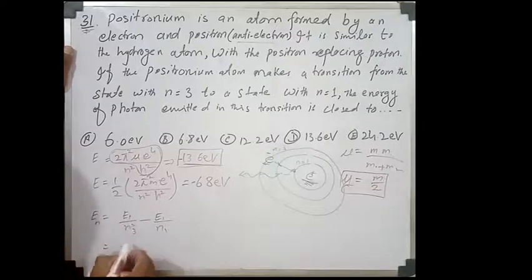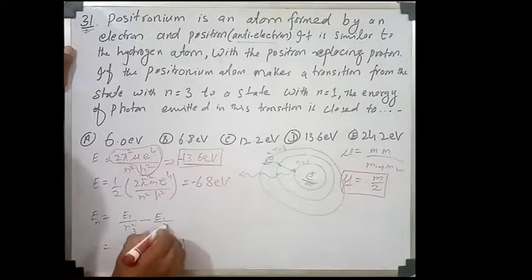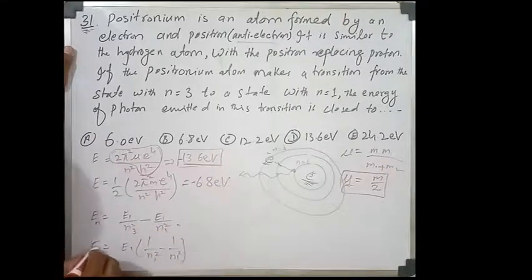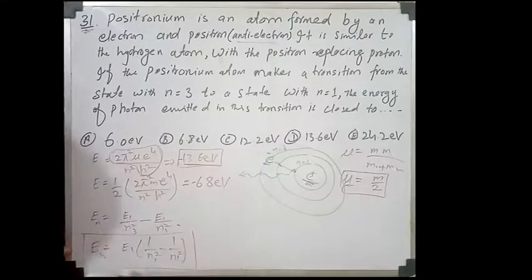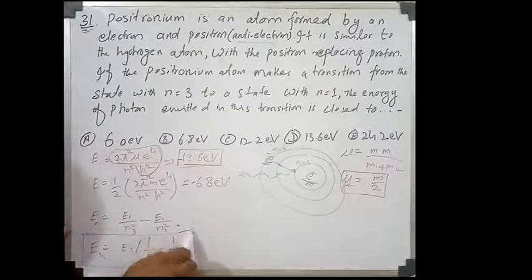We will take E1 common, then 1 over n3 square minus 1 over n1 square. Now we have to calculate this energy value numerically.